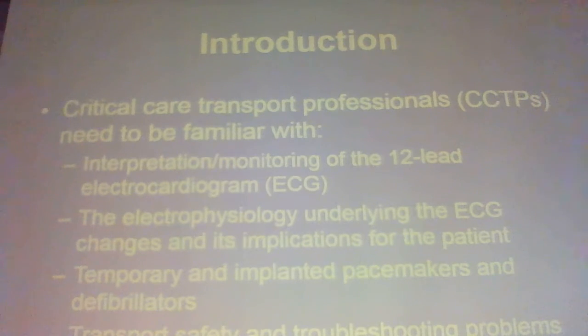Because the electrophysiology changing might have implications for patient care, it's pretty important that we not only be able to recognize regular lead 2 dysrhythmias, but also the stuff that we're going to look at on a 12-lead. So, what other kind of things can change the electrophysiology?